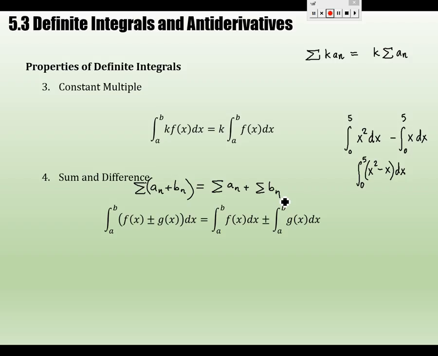If you write this finite sum out, all the terms of a_n and all the terms of b_n, are you allowed to rearrange those so that you have a_i plus b_i for all the i between 1 and n? Yeah, you can do that, because addition is commutative and associative. You can rearrange that sum. So that should make sense, and that's a very helpful property actually.